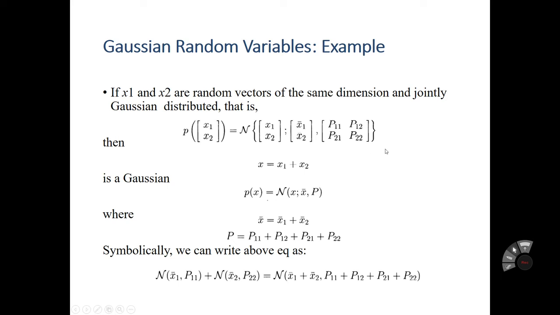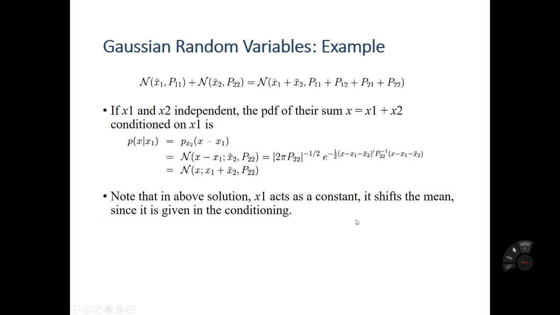P is a matrix, and x dash is a vector, and x is a vector, where x dash equals x1 dash plus x2 dash, and P is a matrix. So symbolically we can write the above equation like this. This is the same thing that I have already written in the above equation.